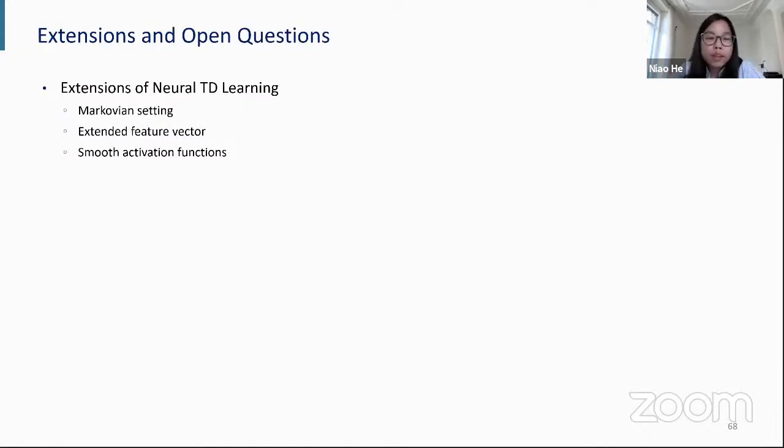So as an immediate extension, so far our analysis heavily depends on this IID assumption on the samples. We can easily extend this to Markovian settings using these mixing time arguments.